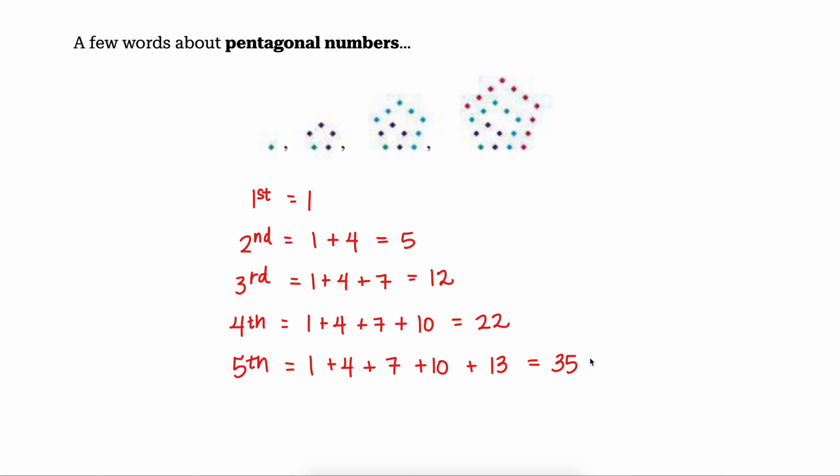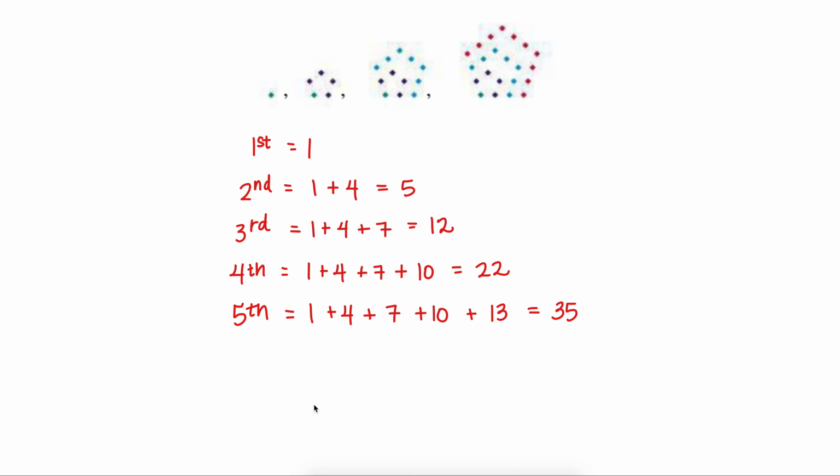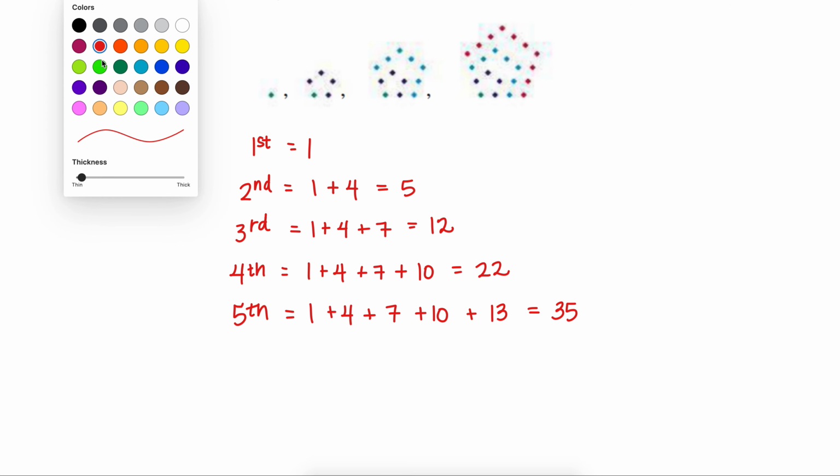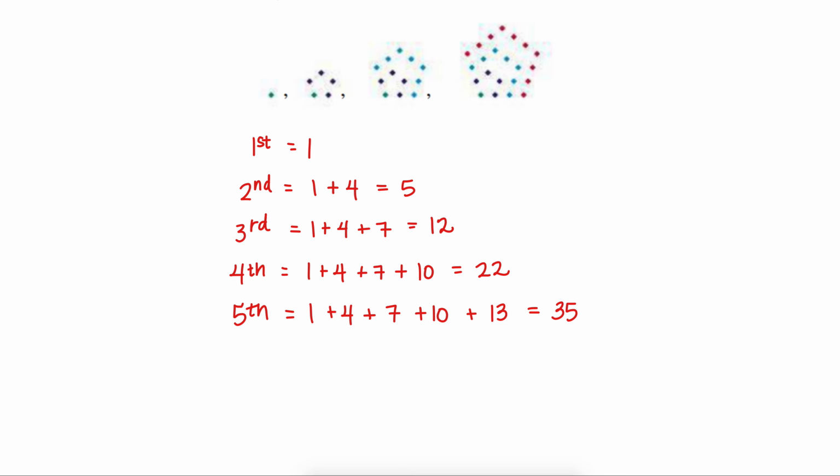But what if we're asked for the number of dots in the 70th pentagonal number? It would be a lot of work to just continue writing out this pattern until you get to 70. So we're going to look for a formula. I'm going to base it off of the 5th one here. Let me switch to a different color. So follow what I'm going to do here.